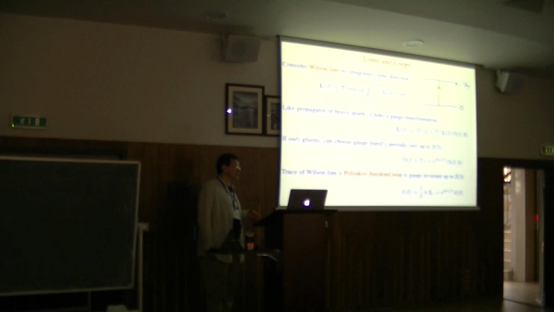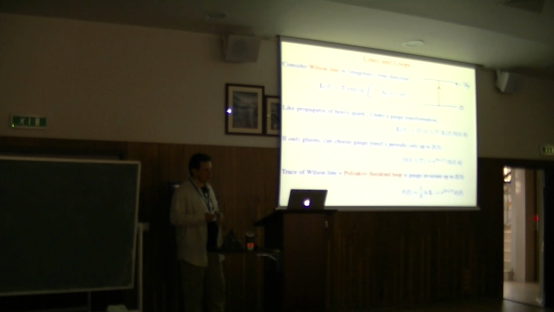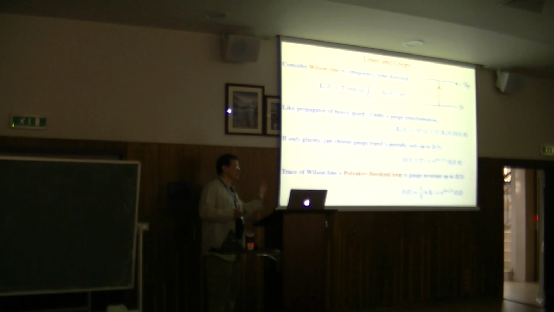But the lattice indicates that in the confined phase, to a very good approximation, you do have a measure of confinement. But that's a non-trivial result, and I don't know if I have that here. Remind me again at the end of the talk when I show some lattice data. But that's a very good question. It doesn't work, obviously, for gluons.